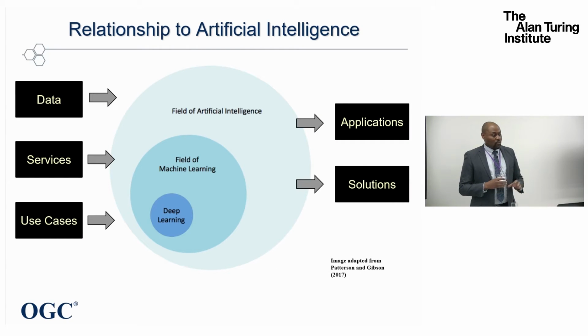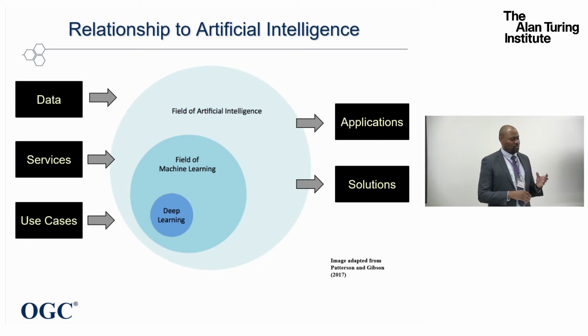Now, with some of the work that we've been doing within the standardization community, we've been looking at how to apply artificial intelligence and the various levels or various aspects of AI, for instance, machine learning and deep learning techniques, how to apply them within various environments that take in geospatial data, take in services of various kinds, and also use cases, and use all of that to design and develop solutions that address real-world needs.